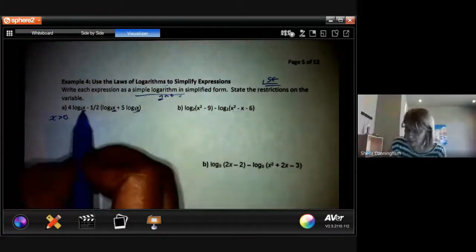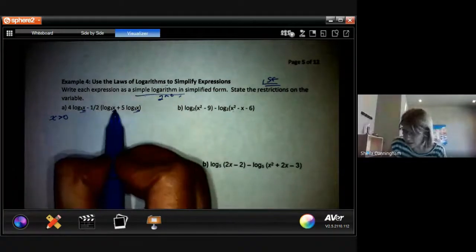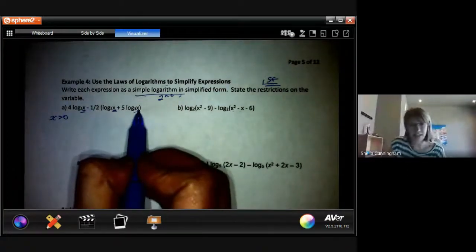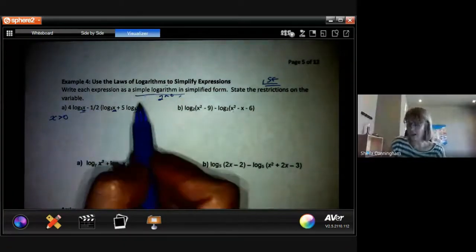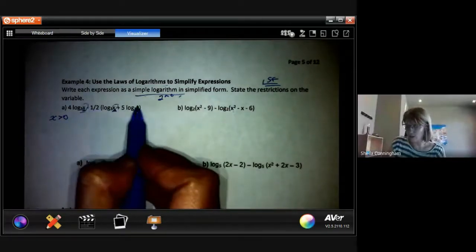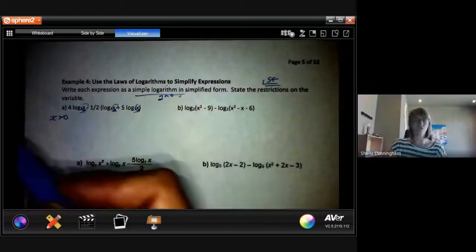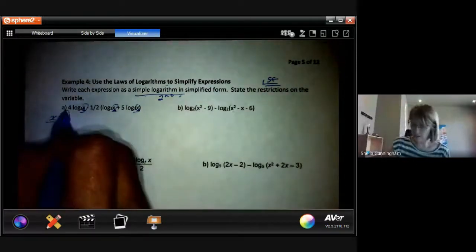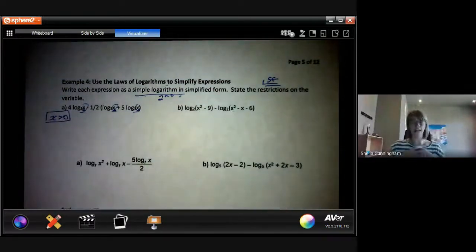And since I've got an x here, an x here, and an x here, all of these have the exact same term in it, right? So we're lucky in that instance. If they're all the same, you literally have one restriction and that's it. You have nothing else to worry about, okay?